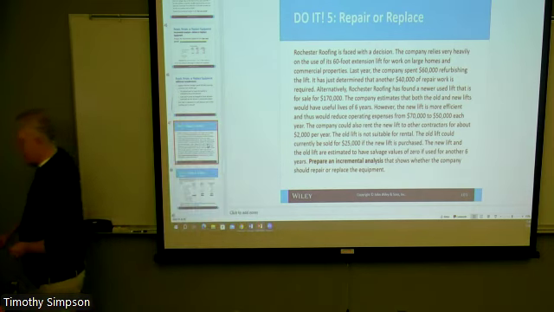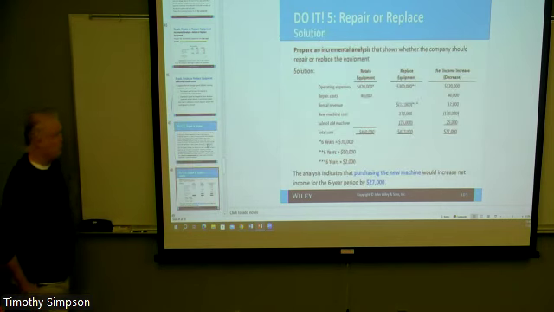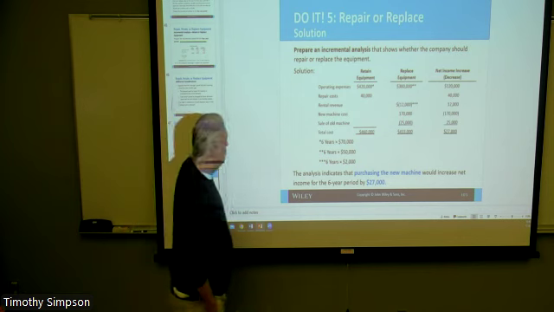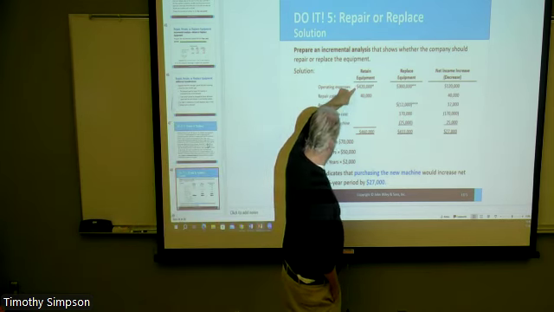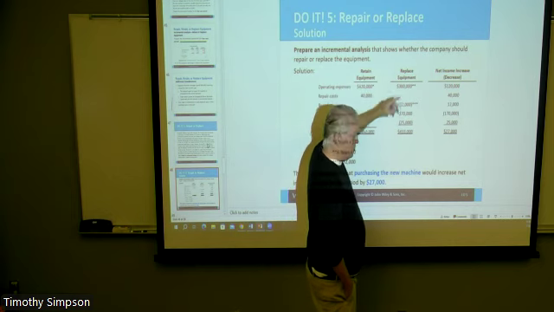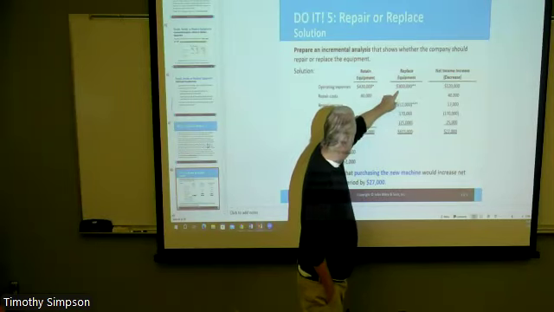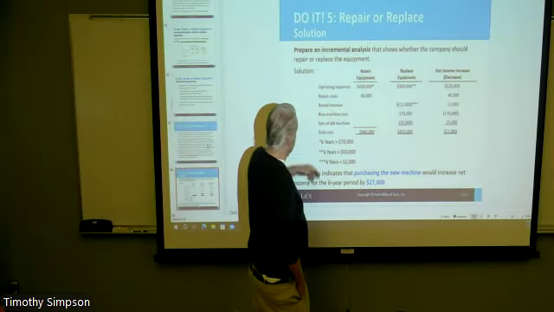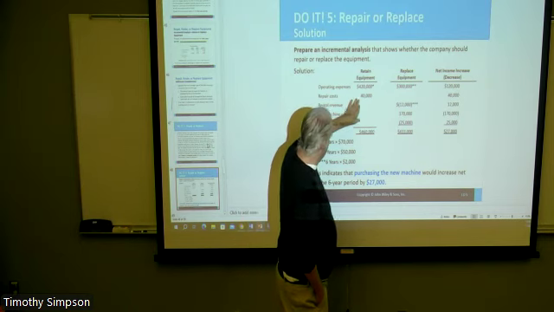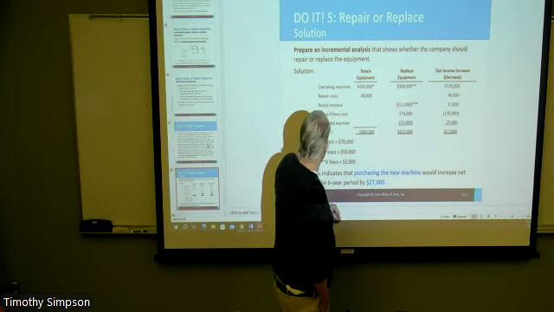All right. So this is where we ended up last time, talking about this idea of if we retain it. And again, over a 6-year period, we have operating expenses, $70,000 per year times 6 is $420,000, versus $50,000 per year times 6 is $300,000, which is a reduction in operating costs of $120,000. So we immediately have a $120,000 boost in net income. If we repair this and keep it, it's $40,000. If we don't keep it and get rid of it, it's nothing, right?